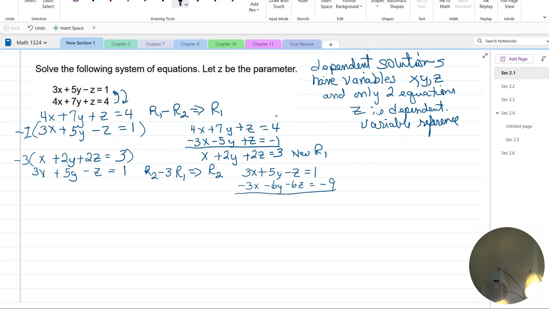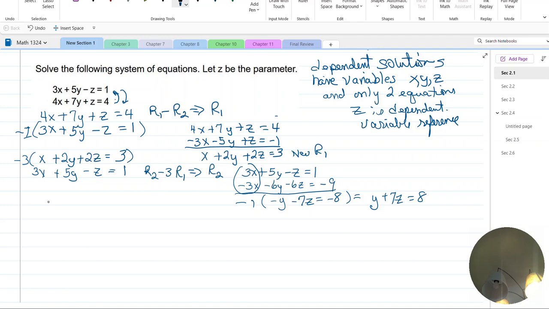All right, this zeroes out x, that's good. I'm going to have negative y minus 7z equals negative 8. Now I'm going to multiply this by a negative 1, and I end up with y plus 7z equals 8. I'm going to write that down.